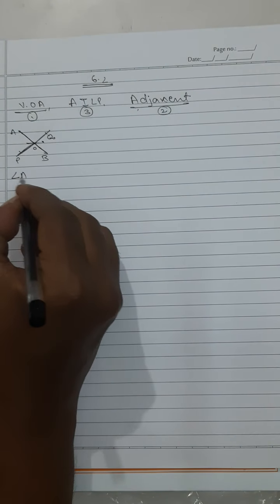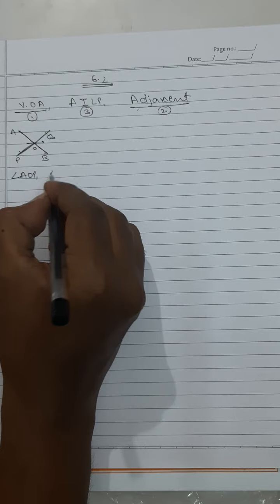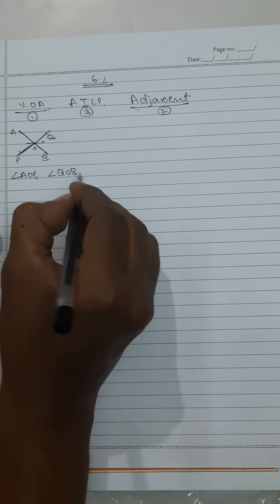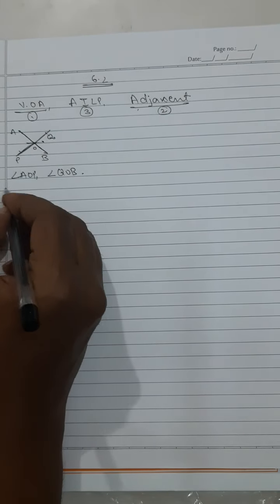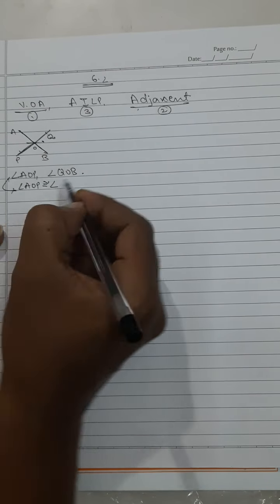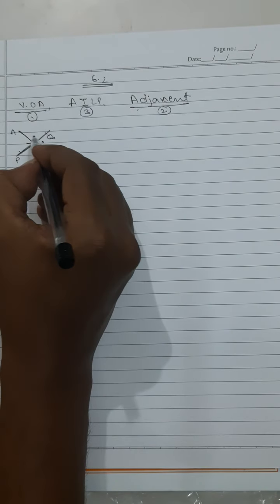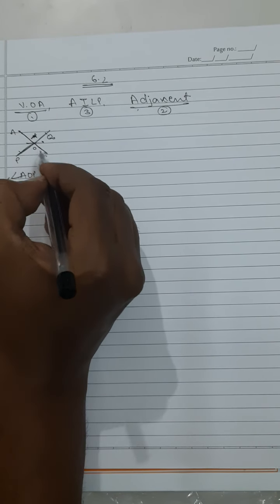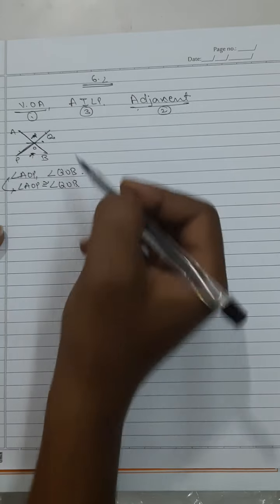Of course, the equation will be angle AOP is congruent to angle QOB. Similarly, angle AOQ will be vertically opposite to angle POB. They will always be in relation with each other.